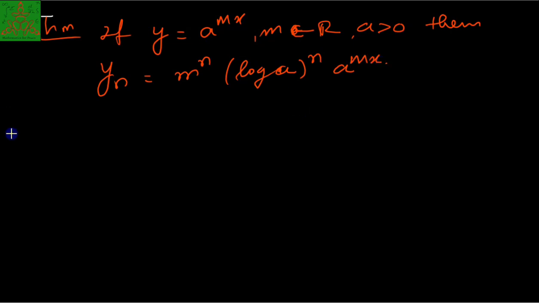Let us try to prove this statement. Again, this statement is true for any n belongs to N, so this statement depends on n. So I will prove this result using PMI.